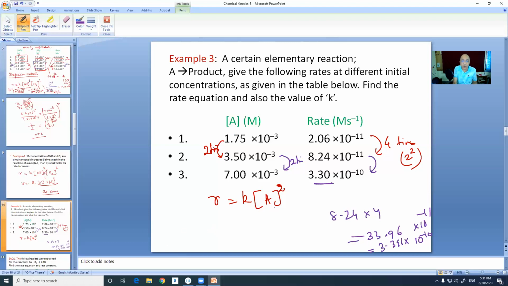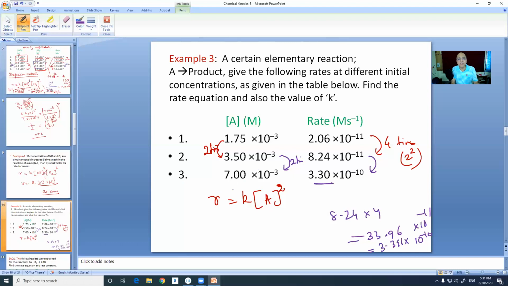And I forgot to tell you one thing. In a long type question, when you are asked to find K, you have to find the K values from all the data. They will be more or less the same, and you take the average. But long type questions you hardly get. So with any single data you put, you get the K value. In MCQ, you'll find one very close to that.